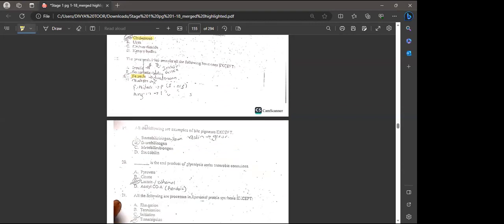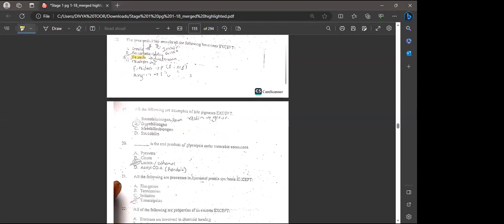All the following are examples of bile pigments except: stercobilinogen, urobilinogen, stercobilin, and mesobilirubin.